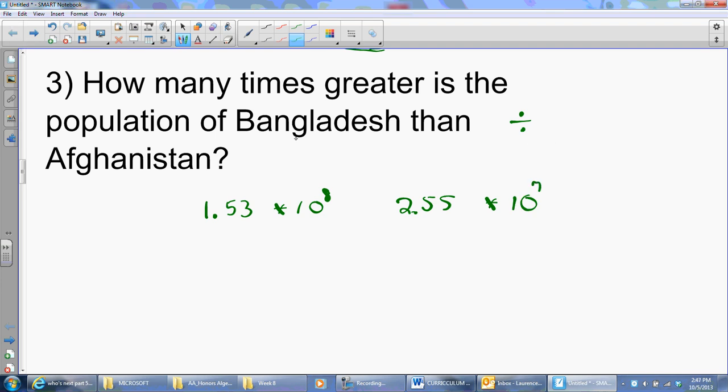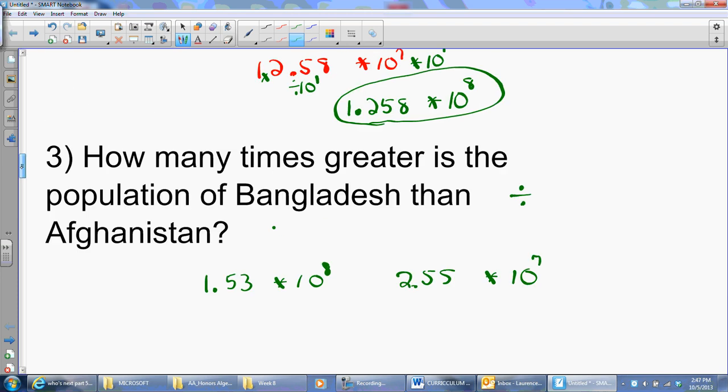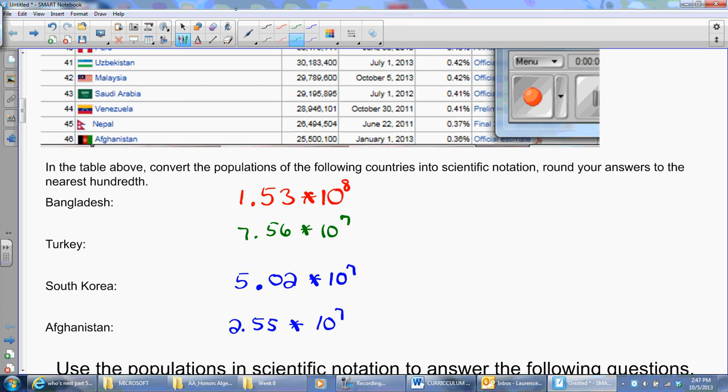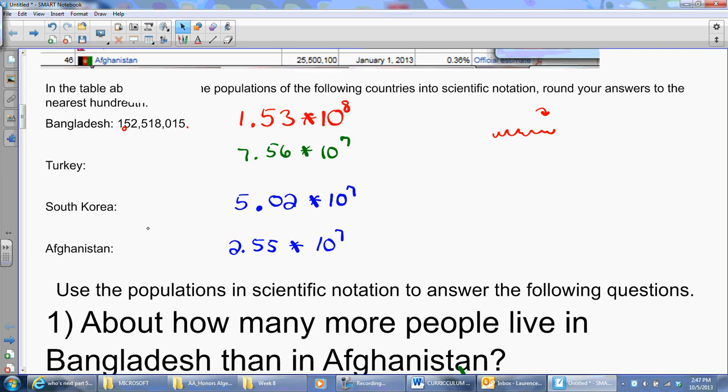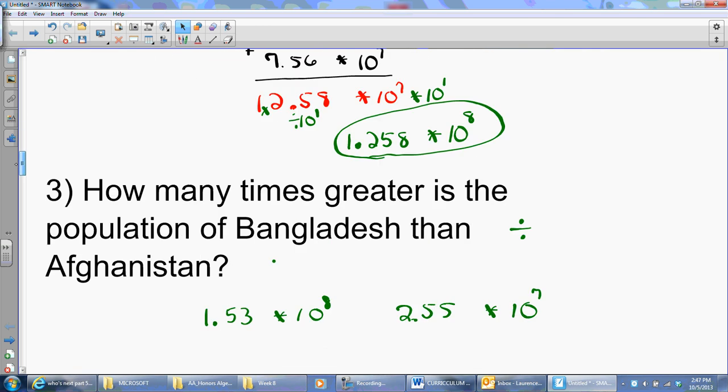Now, it's kind of weird to see with these decimals, but when I went back up and I look at, say, this number here, I've got about 152 million, excuse me. And for Afghanistan, I have about 25 million, about, I'm thinking it's going to be about 6 times bigger. That's what I'm thinking. But let's see what happens.